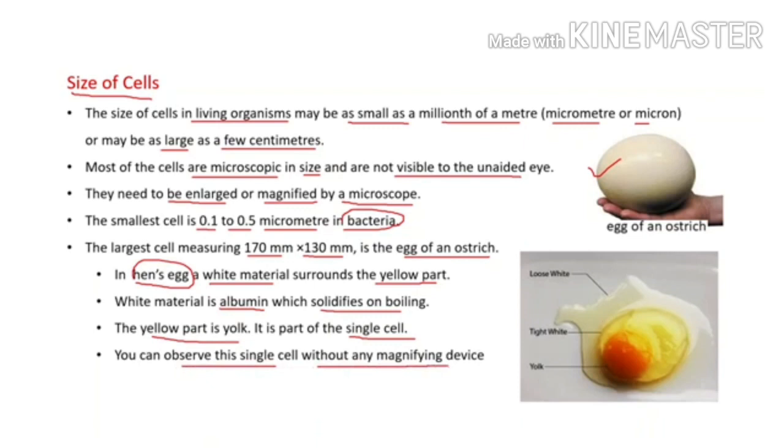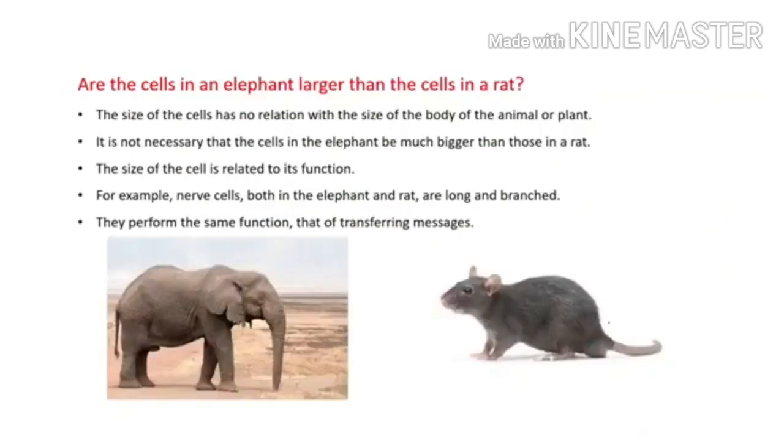Yes, dear students, have you seen an egg? So you may see it without any microscope. It is visible to your naked human eyes. The next question arises in our minds: are the cells in an elephant larger than the cells in a rat?